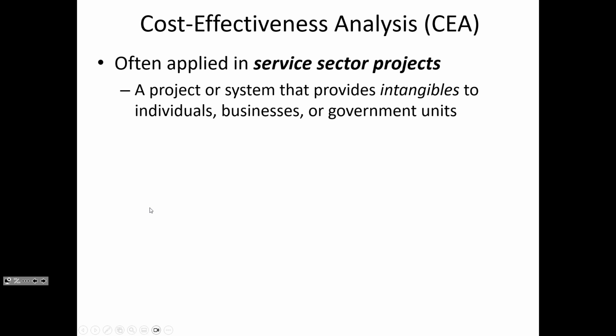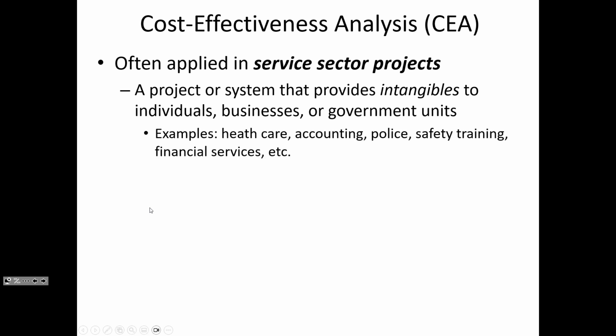It's not necessarily generating a physical good, and so therefore the service may not have a value where people are paying for necessarily what it's worth. So it's an intangible.